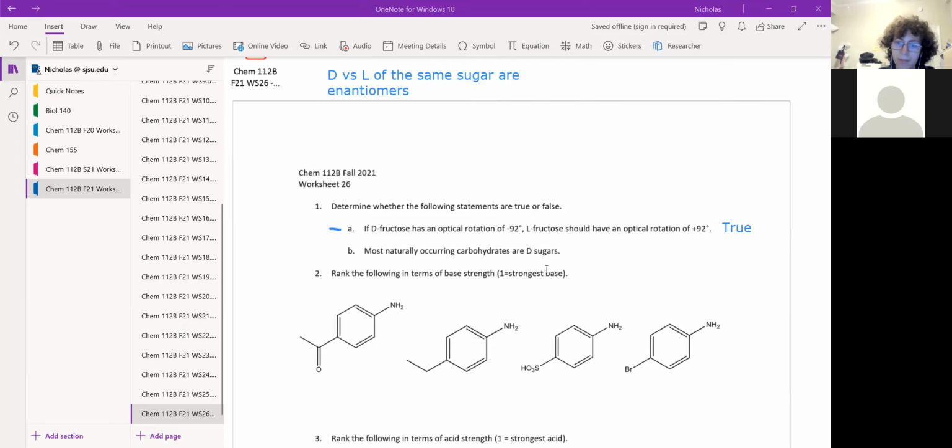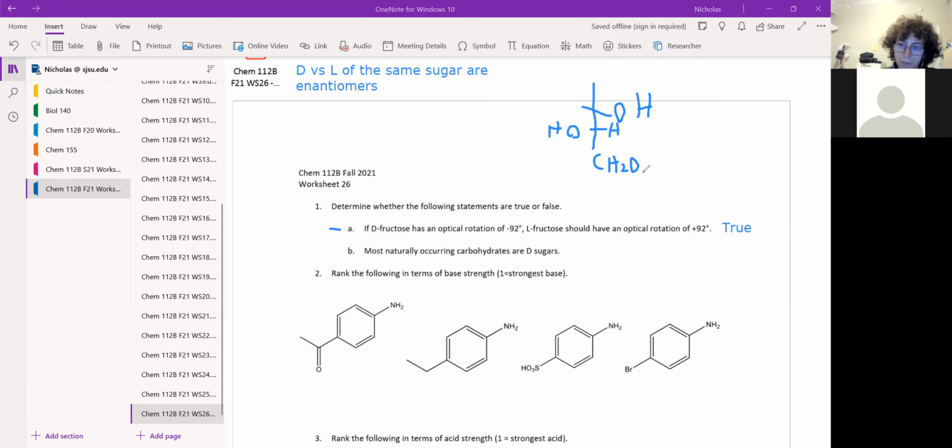I'm not drawing it here, but just as an example of some random sugar, this is an L form of it, and if you were to draw the enantiomer, it would look like this.